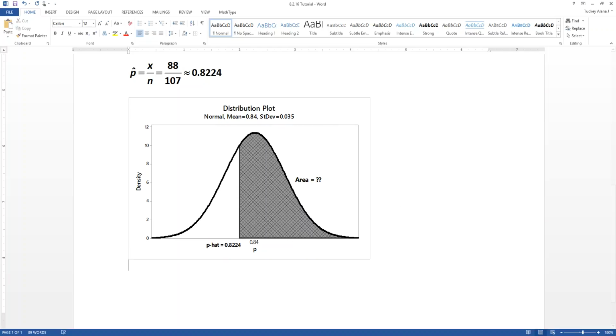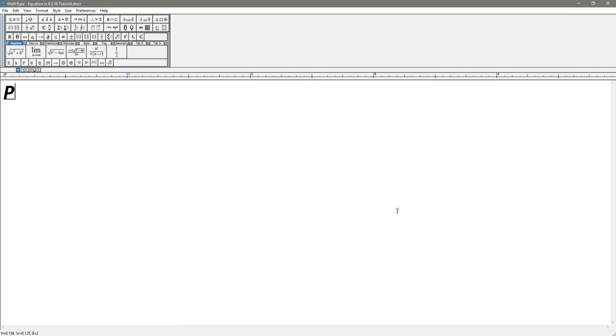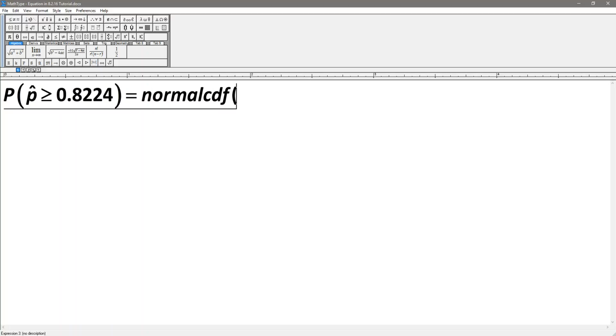To find that area, the probability that p hat is at least 88, so p hat is greater than or equal to 0.8224, is equal to normal CDF. And then we want to go left, comma, right, comma, p, comma, standard error of p.